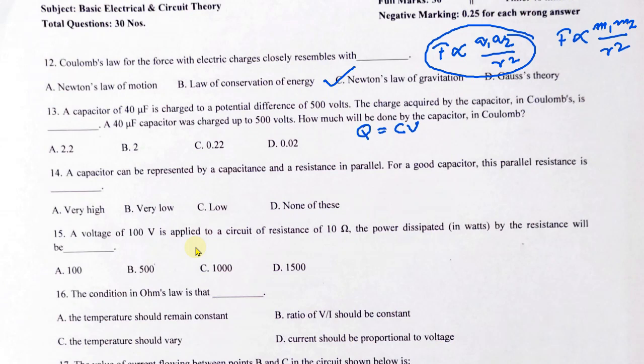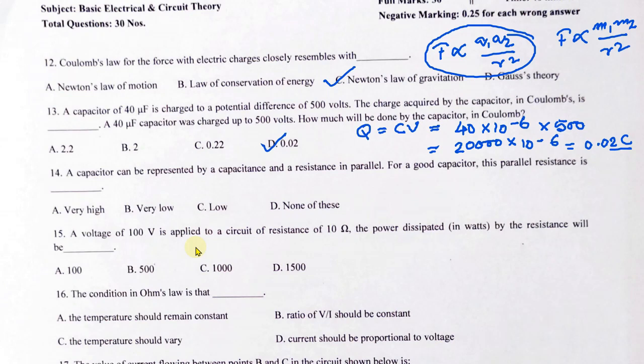So here you have to find out the value of the charge accumulated. As you know the capacitance, this is 40 into 10 to the power minus 6 and the voltage is 500 volts. So this will be the charge accumulated. 20,000 into 10 to the power minus 6 means 0.02 Coulomb. So option D here is the correct answer.